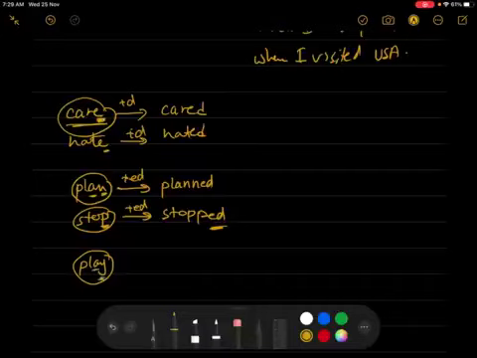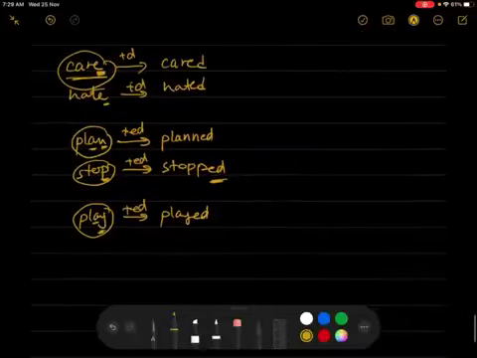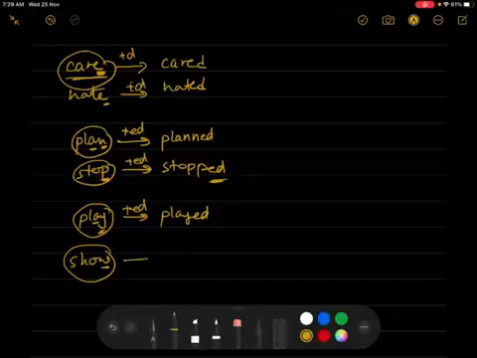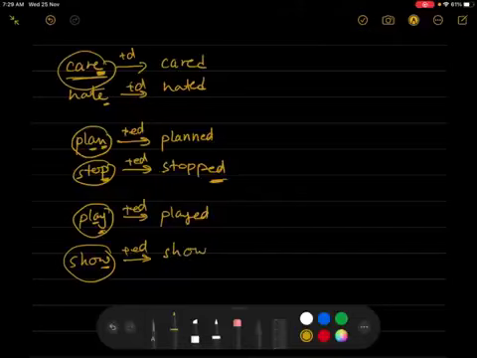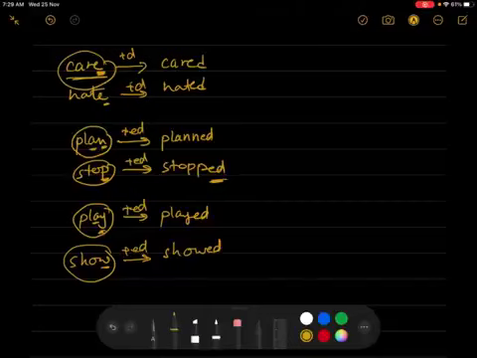It has one vowel, which is a, and it ends in y. Okay. When we add ed, we do not double the y. We say played. Also, with show, the verb ends here with w. We do not double the w when we add ed. We say showed. Okay.